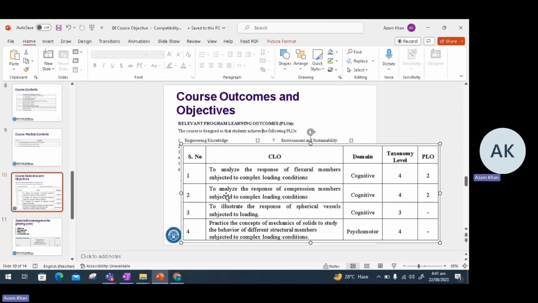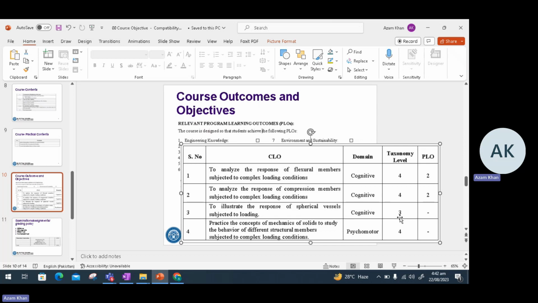The first two CLOs are related to taxonomy level 4, which goes as far as the analysis of a problem. This is Bloom's taxonomy level. So if you check, the taxonomy level goes as high as 4. The third one goes to taxonomy level 3, which is actually just to develop appreciation and understanding of these problems.